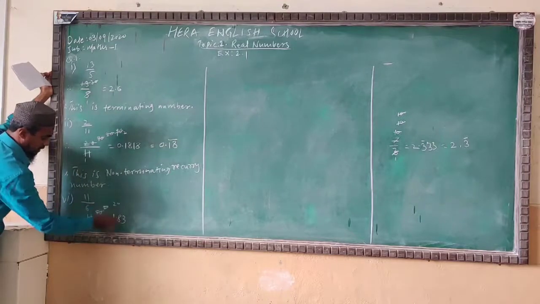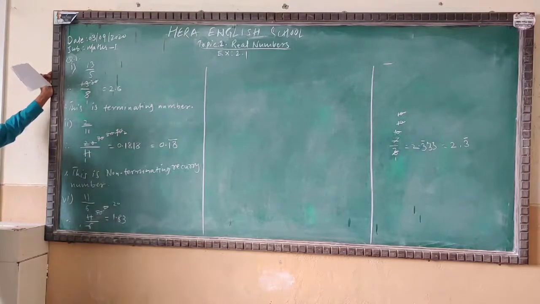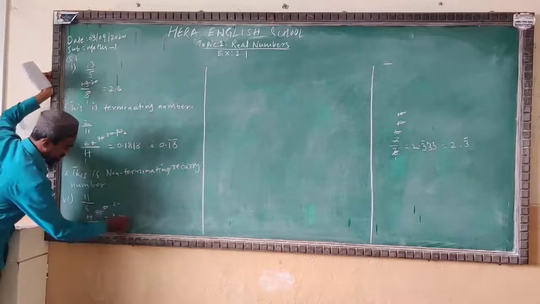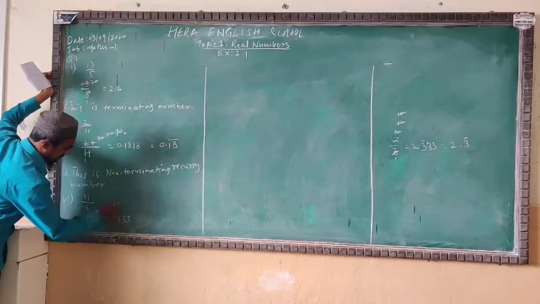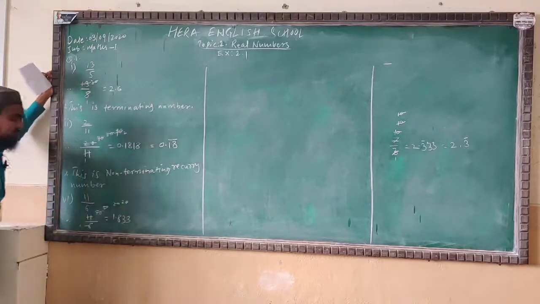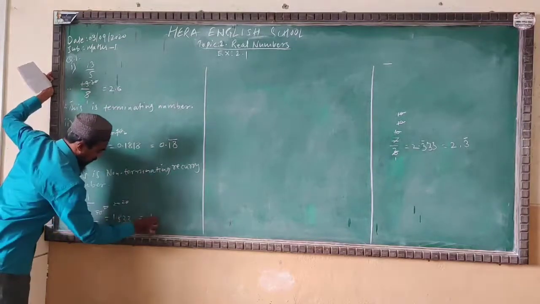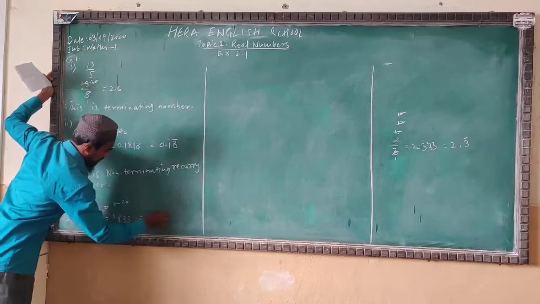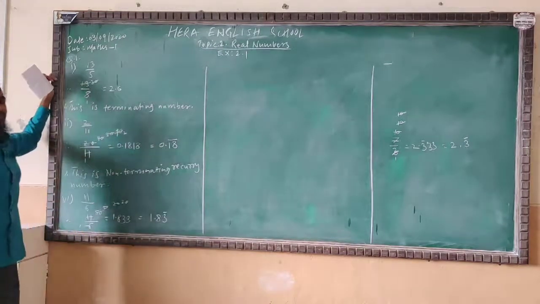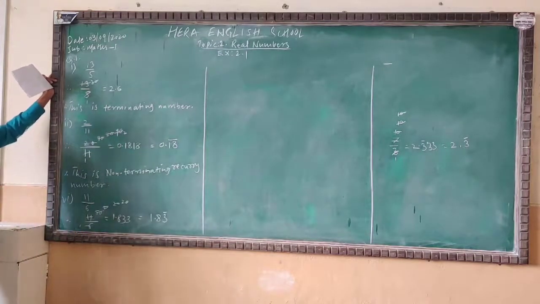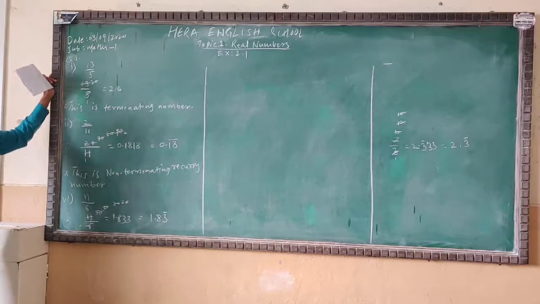Take the point, already here, and 0. So once again we will divide this one. 6 3 is 18. You will face 2, 20 many times. Means here we have the answer 1.8 bar on 3. Means 3 is the number which is repeating many times. It will repeat.